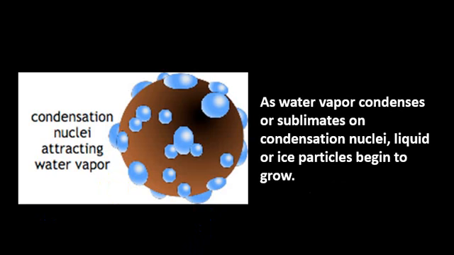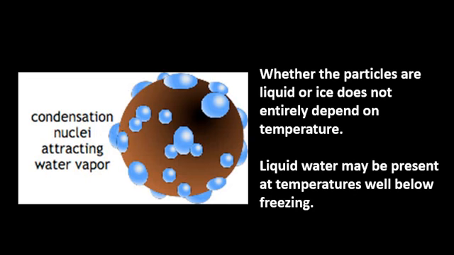As water vapor condenses or sublimates on condensation nuclei, the particles begin to grow. They could be liquid particles like rain or drizzle, or ice particles like ice pellets, ice crystals, or hail. What's happening is the water vapor is attaching itself to this floating particle that we can't normally see.